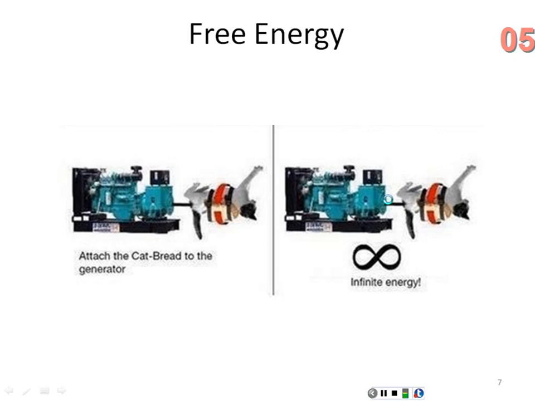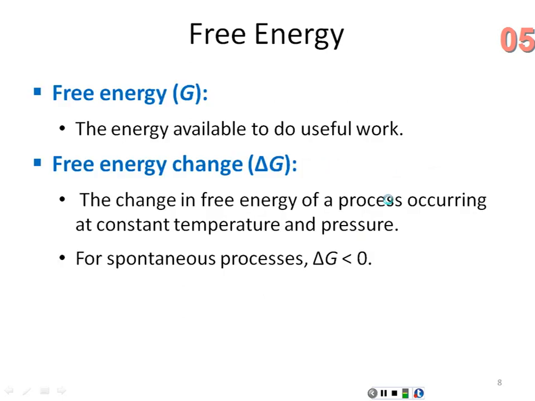Well, this is not what we're talking about when we talk about free energy. Free energy is the energy available to do useful work in a process. And what we're going to be talking about most of the time is a free energy change, so delta G, the change in free energy.